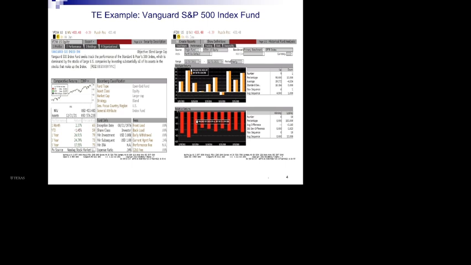So far, we've looked at 3 different kinds of managed mutual funds. We looked at the Vanguard Index 500, which is an index mutual fund run by the Vanguard Corporation, the asset management firm.